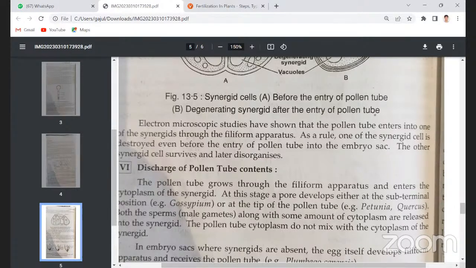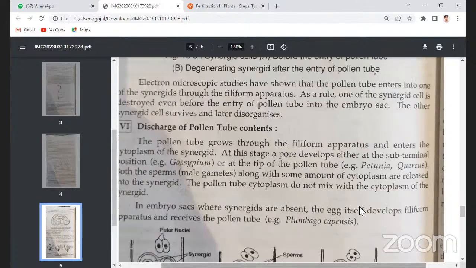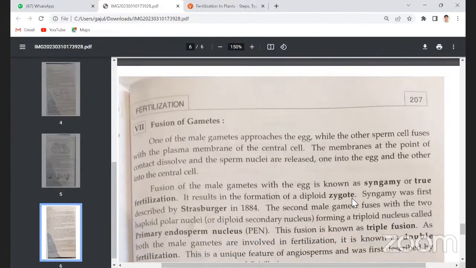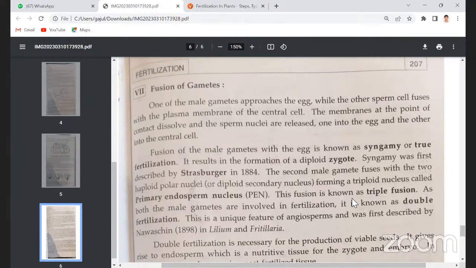Next, fusion of gametes. How do the gametes fuse? One of the male gametes approaches the egg cell, while the other sperm cell fuses with the plasma membrane of the central cell.